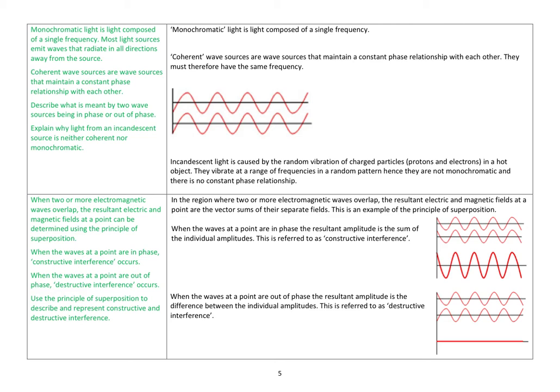That's the principle that basically said, if two objects are exerting a force on a third object, then the total force on that object will be the vector sum of the two forces from the other objects. Or with electric fields, if we have three charges, two charges will create an electric field.